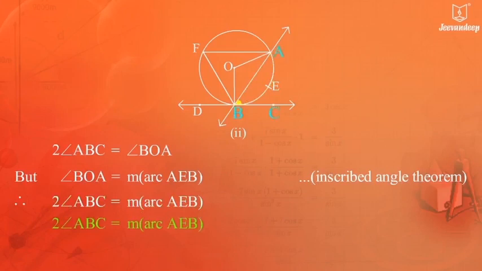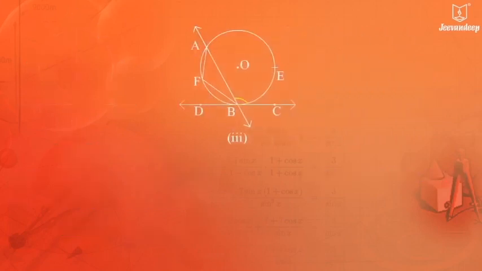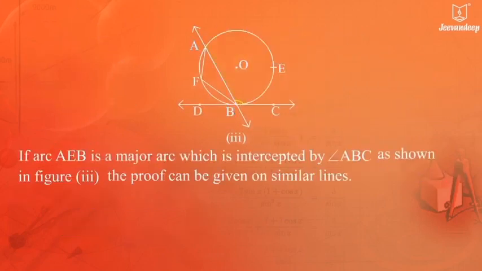Therefore, angle ABC equals half of the measure of arc AEB. If arc AEB is a major arc which is intercepted by angle ABC as shown in figure 3, the proof can be given on similar lines.